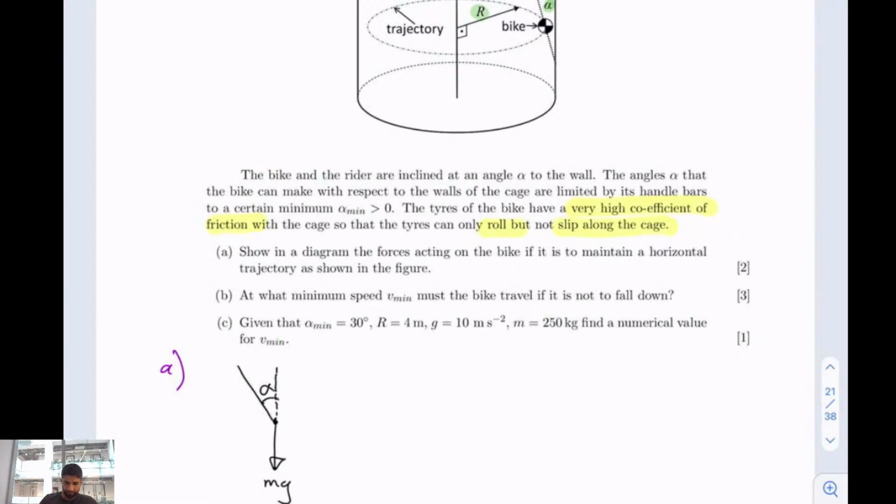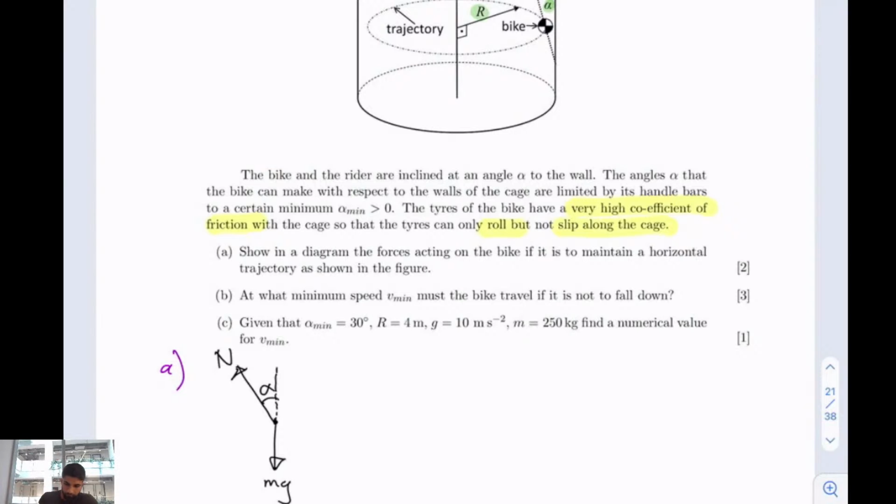So this is alpha, and there will be a reaction force that's pushing the bike away from the wall.